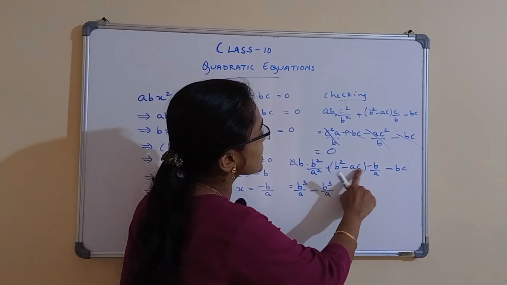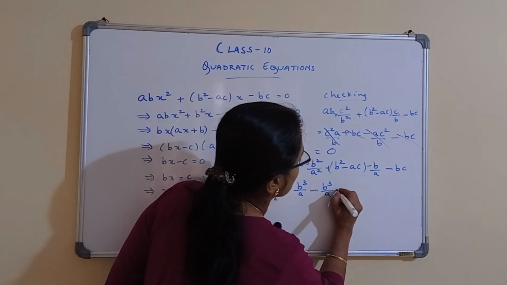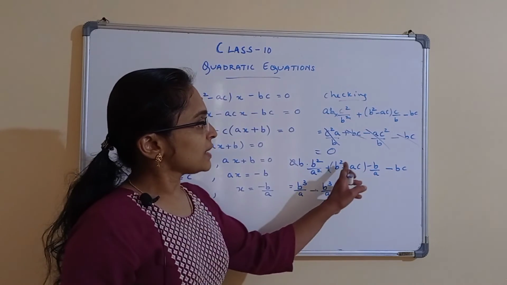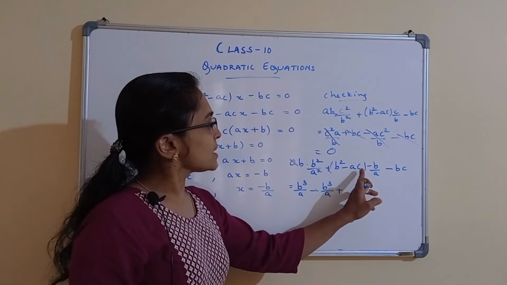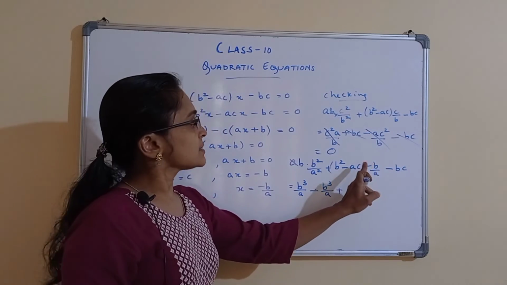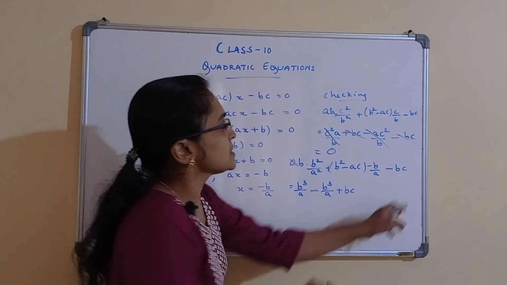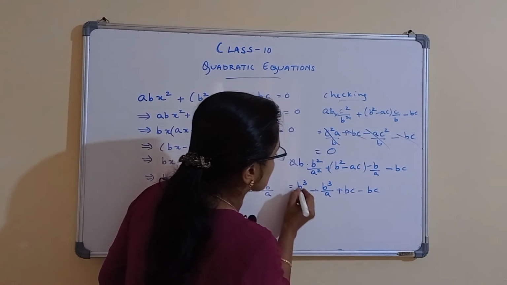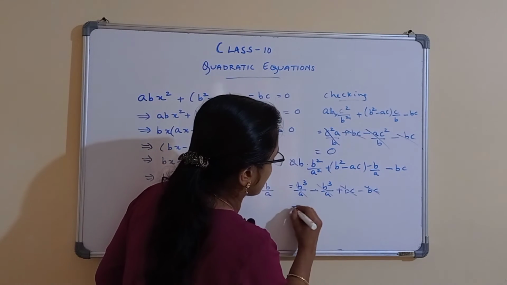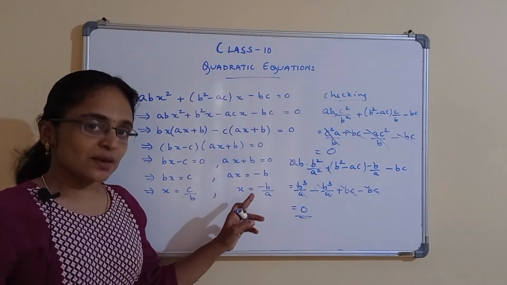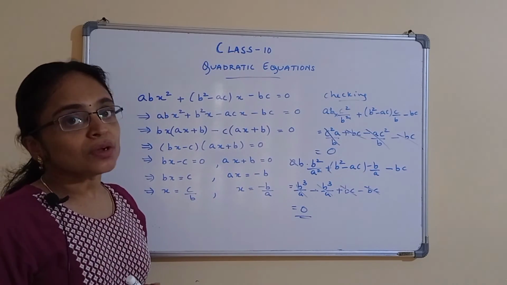Then minus ac into minus b by a is plus, minus into minus is plus, then a by a will get cancelled. So this is equal to bc plus bc, and this is minus bc. So this is equal to 0. So x equal to minus b by a is also correct.